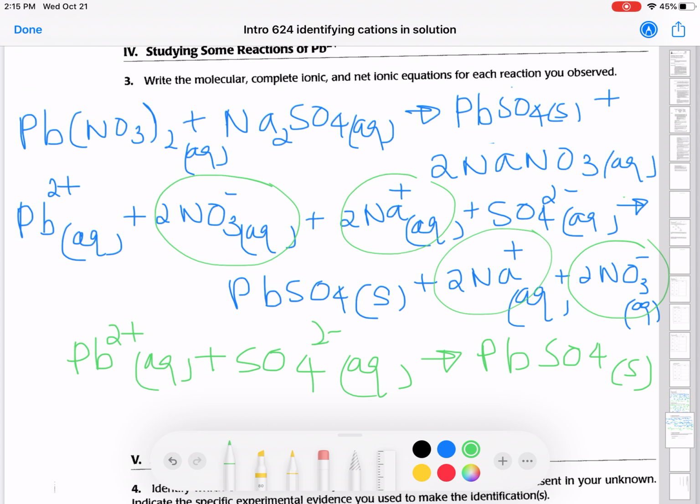Okay. So it looks like you can only write the molecular, complete ionic and net ionic equation for these two. That should be enough for you guys. Okay.